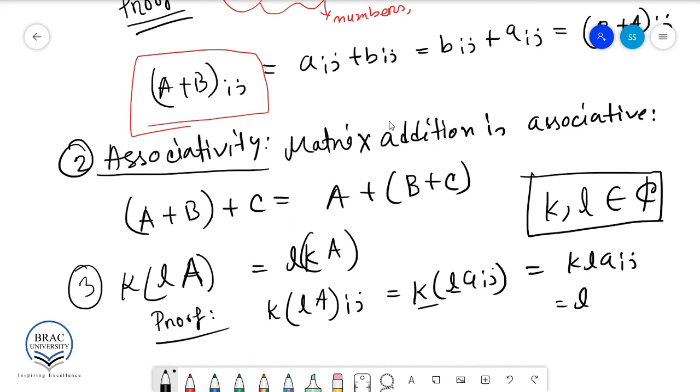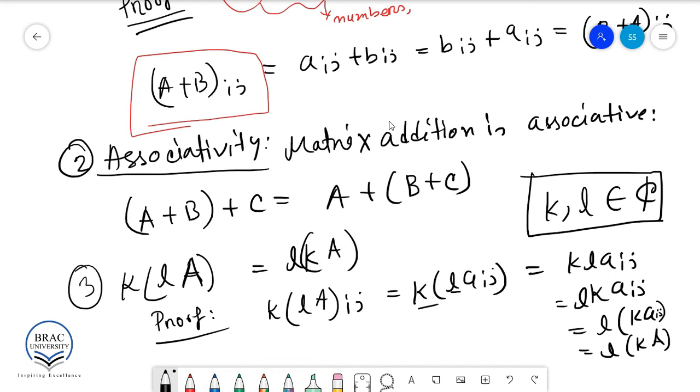That means the order doesn't matter. So you can write LK and Aij, and from here you can again put a bracket, and finally you can write LKA.